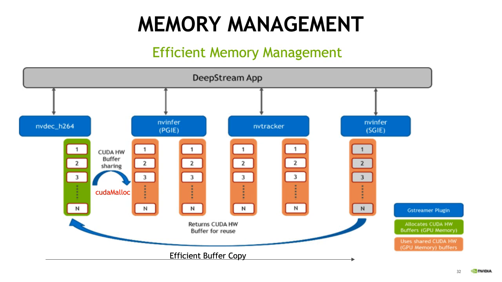The decoder decodes the frame and stores it into one of the available allocated buffers. This decoded memory is then shared to all of the downstream components in the pipeline, such as the NVInfer and NVTracker plugins, via a buffer pointer enclosed in the GStreamer buffer.